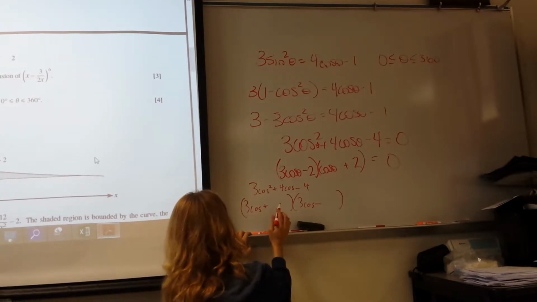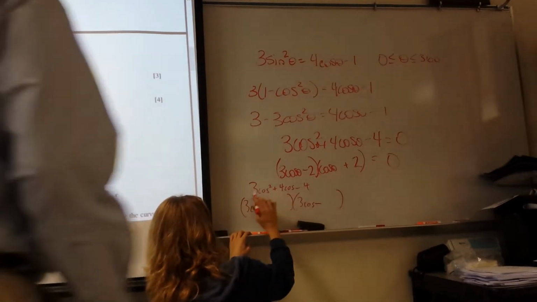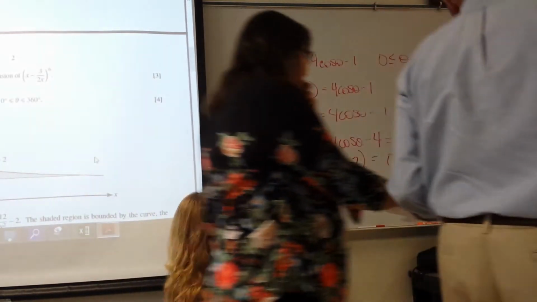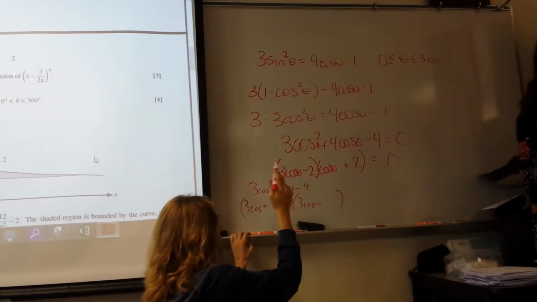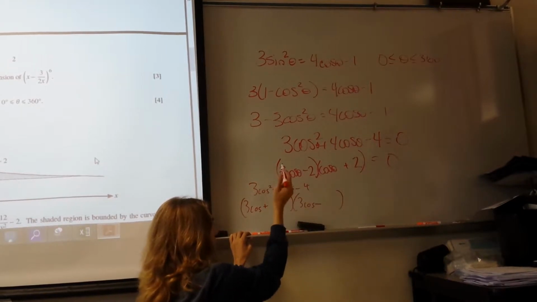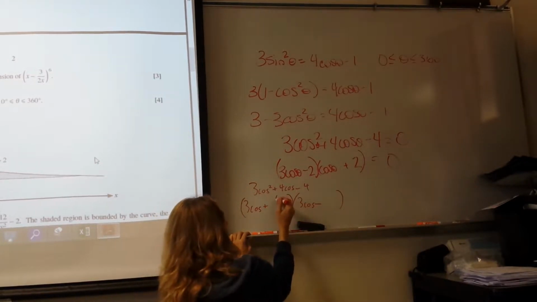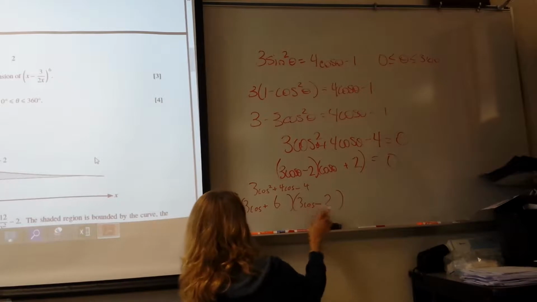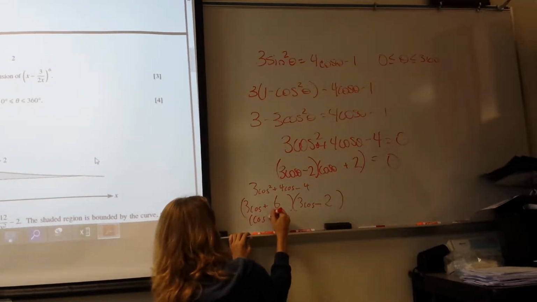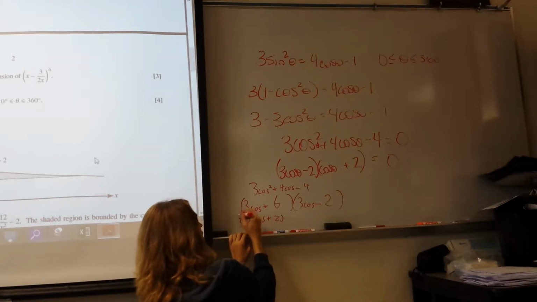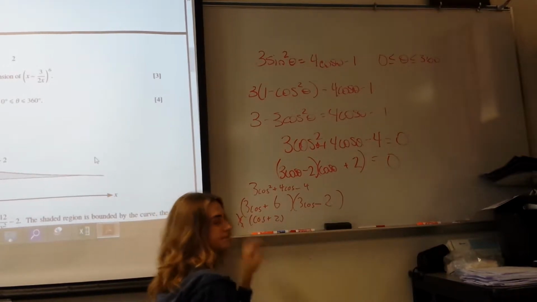You multiply A times C and get 12. So you need to think, what factors of 12 can add up or subtract to get 4? That's a 6 and a 2, positive 6, negative 2. Then you can factor out a 3 from this one, and just cosine plus 6, and throw away the 3, and there you go.